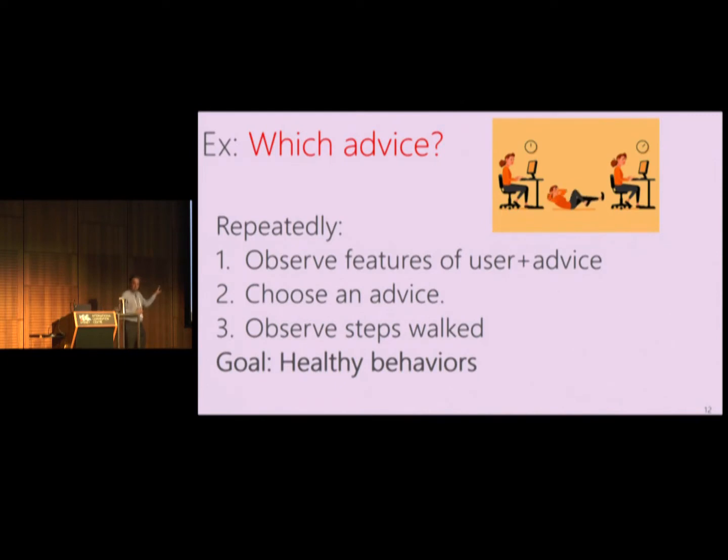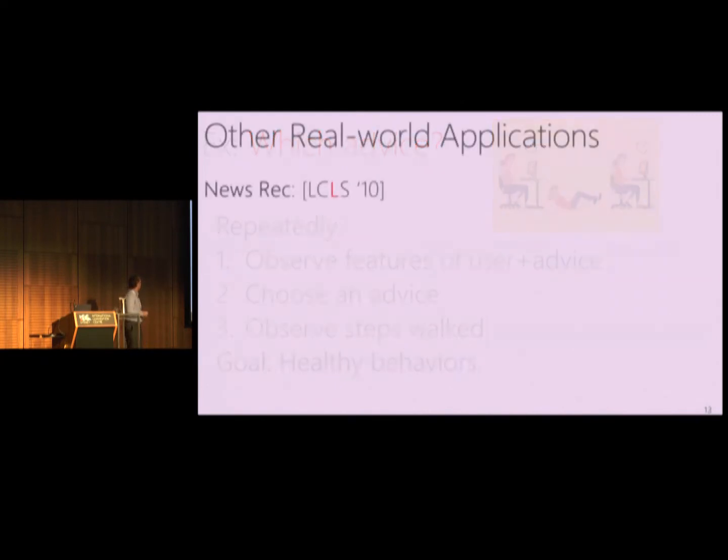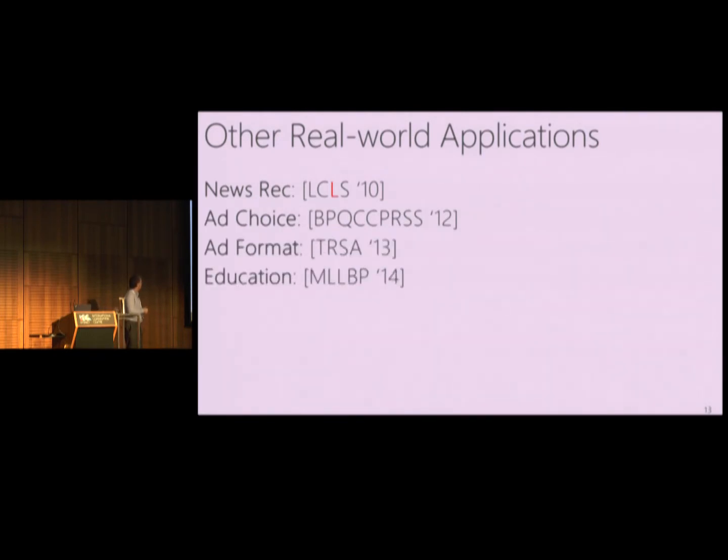So this is a good example. There's actually a number of different examples. The news article recommendation is something that I was involved in a long time ago. There's ad choice, there's ad format, there's education, online learning, the other kind of online learning.